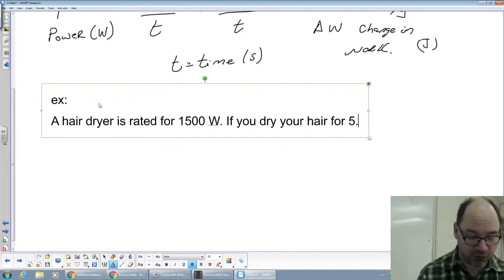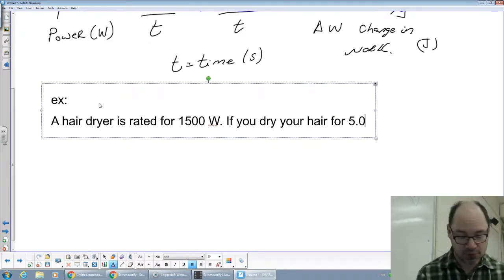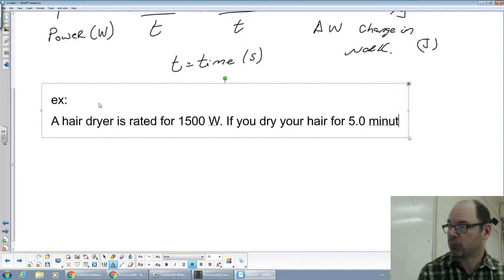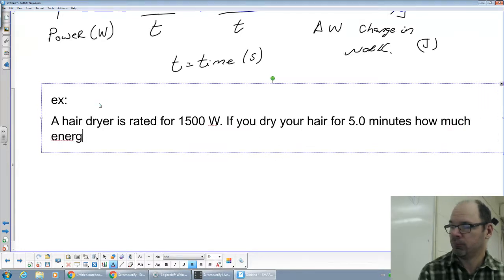Let's say 5.0 so that we get two significant figures. There we go.